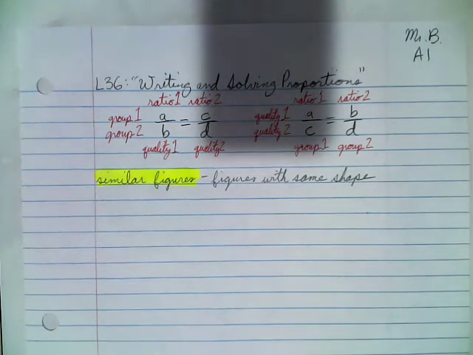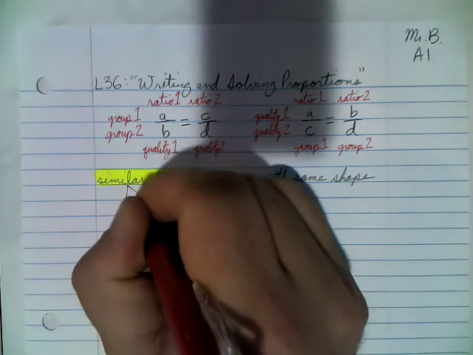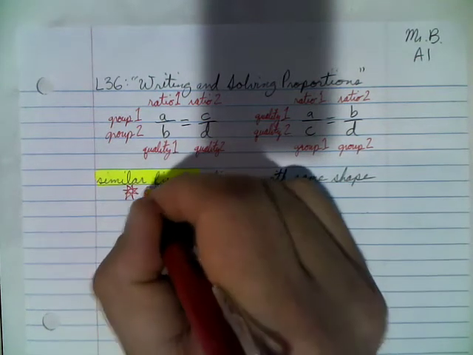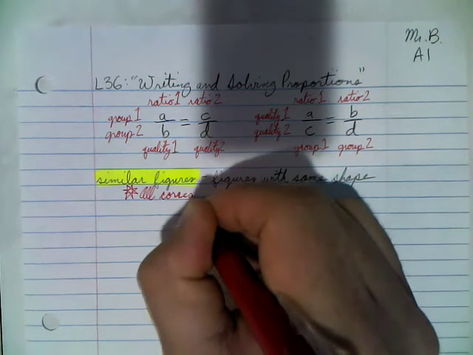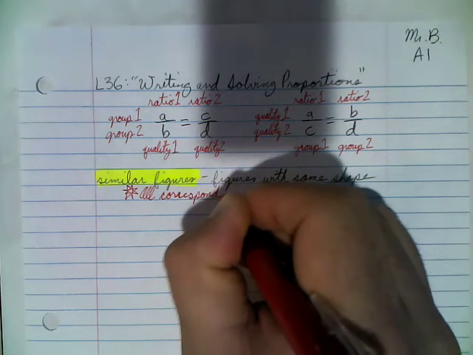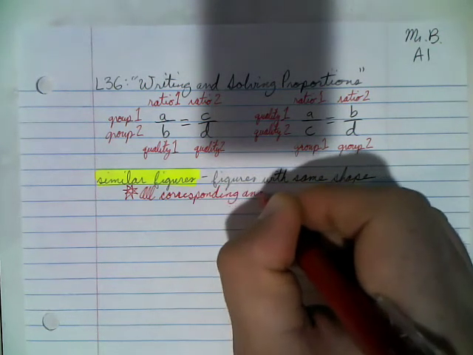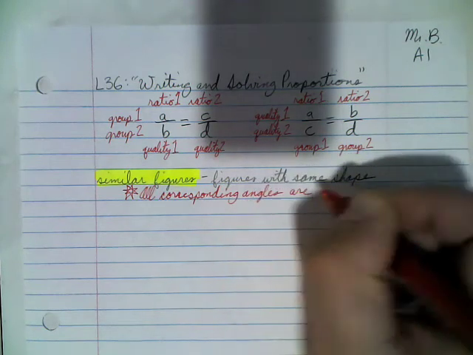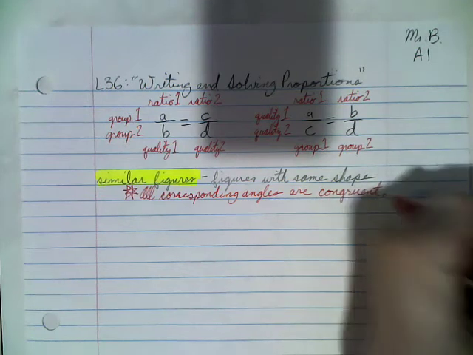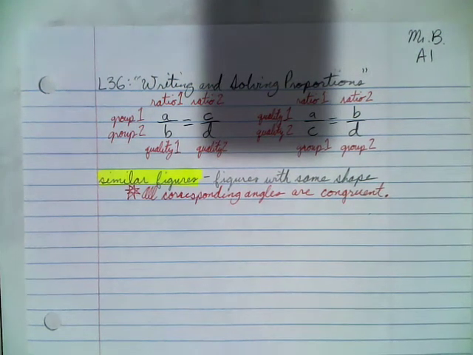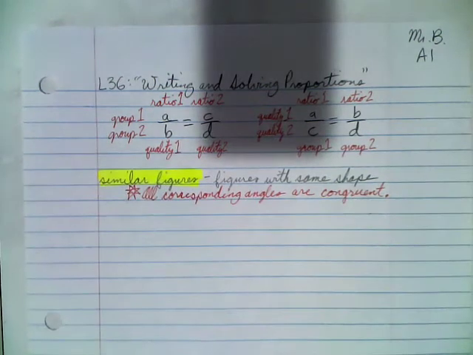Now, if we think about figures with the same shape, what controls the shape of a figure are its angles. So in order for two figures to have the same shape, all corresponding angles, because angles control the shape, are congruent. If all corresponding angles are congruent, then their shapes will be the same.